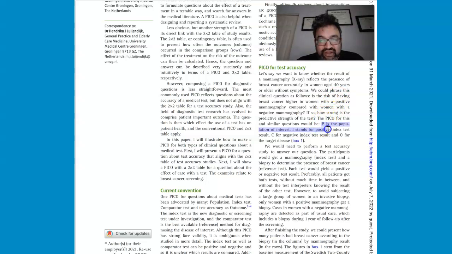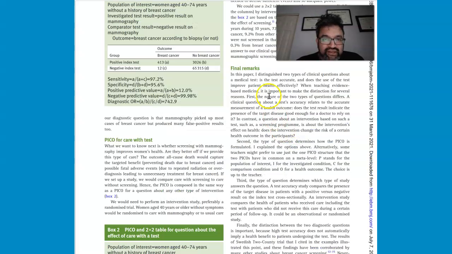I stands for positive index test result. C for negative index test result, because that's the comparator, and then O for the target disease. So you can see more in box 1. And what I like about box 1, and I want you to pay attention to, are these percentages and specifically these equations.